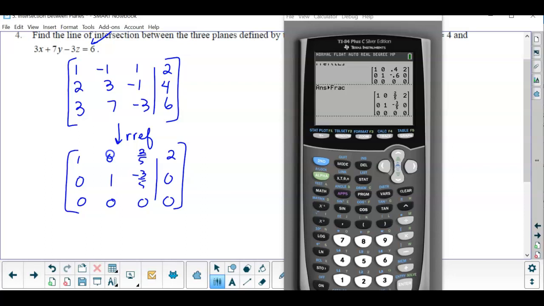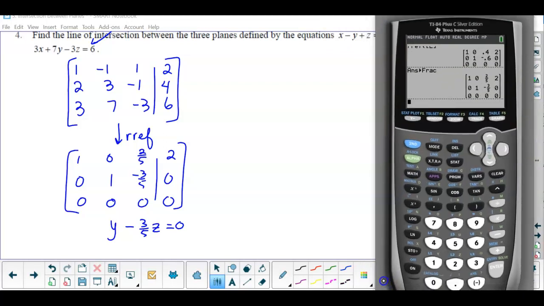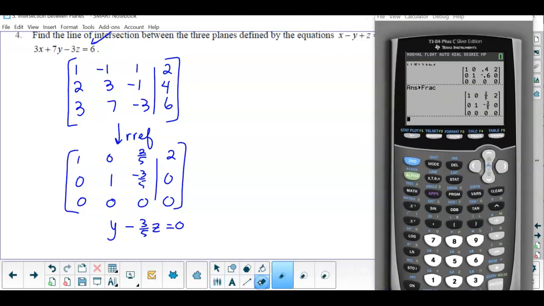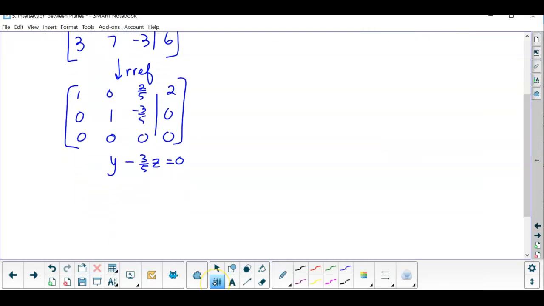Okay. So here, it's kind of like when we were doing this intersection of 2 planes. So that'll be y minus 3/5 z equals 0. So I'm going to let z be a multiple of 5. Okay, so let z be 5t.